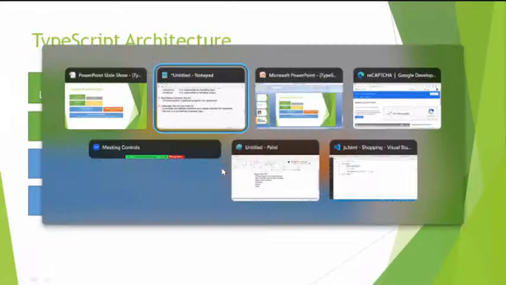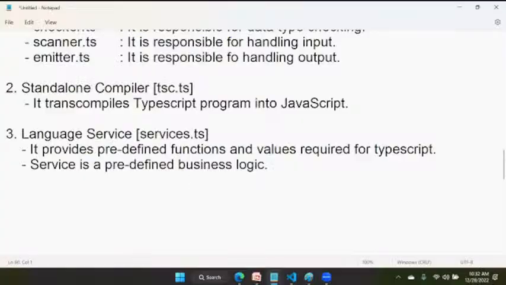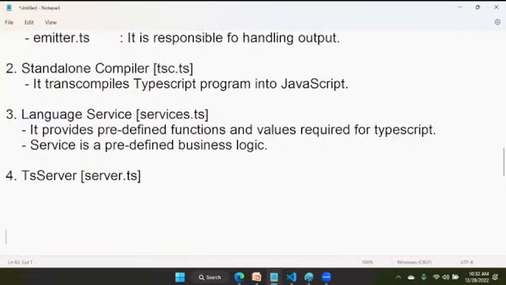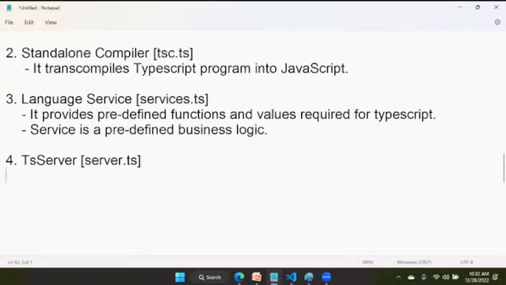The role of the server is actually, so the TS server, the TypeScript server, actually server.ts. What is the role of the server? The role of the server is hosting. Hosting is one important thing. Another one is request and response.